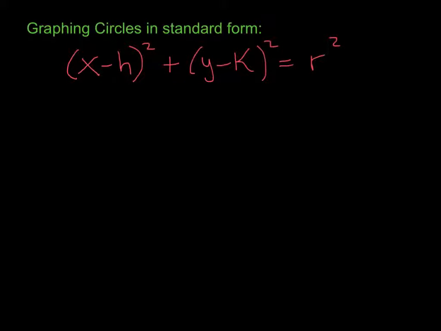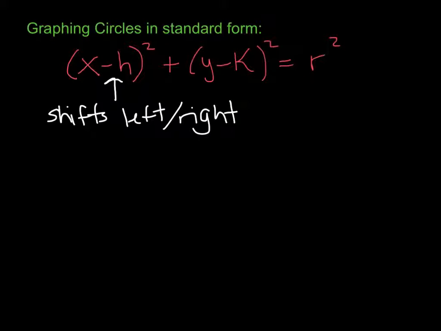Over the course of this course, you're going to see that many standard forms look like this, and if we can understand how these shift right and left and up and down, it works for many types of functions. In general, when I have something that looks like this, we call this completed the square form. This minus h and this minus k: the h affects the graph and shifts my circle left and right, and we'll talk about which direction in a second.